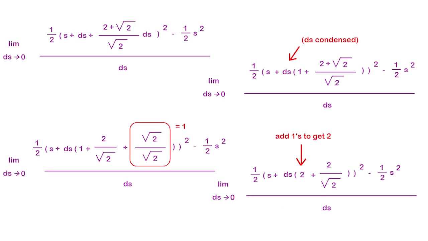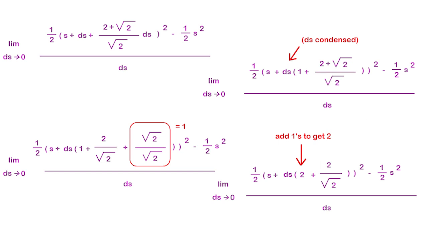At this point, it would be nice to have a series of those movable whiteboards to write everything on. I know it looks a bit cluttered here, but at the top left, we plugged the area into the definition of the derivative, and that's it. Then we condense the two ds's in the expression that gets squared.